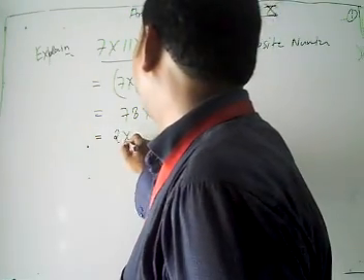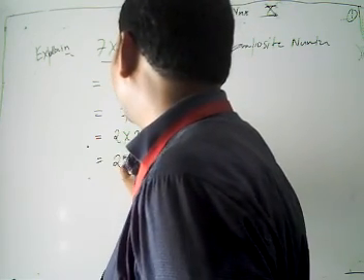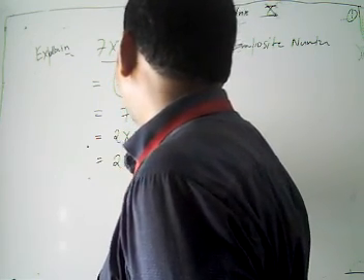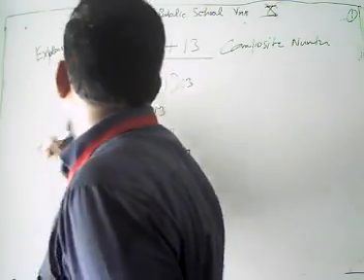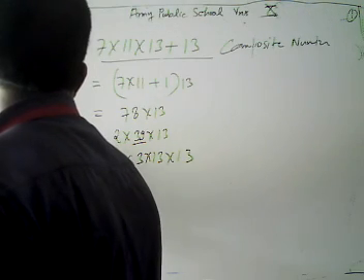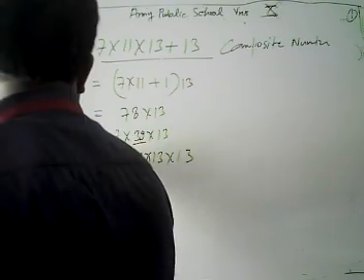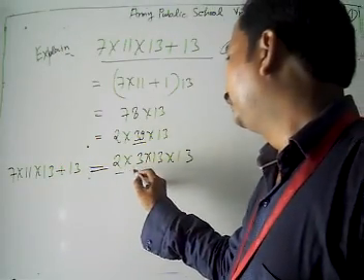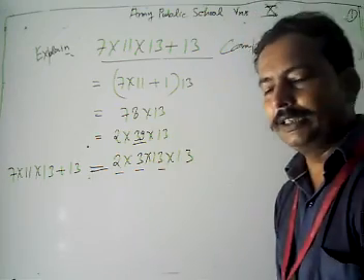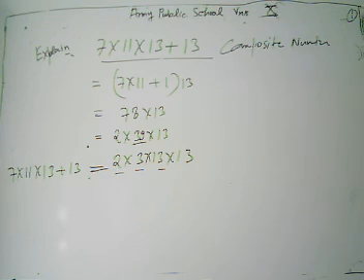Then we get 2 into 39 into 13. Also we can break 39 as 3 into 13, so 2 into 3 into 13 into 13. Now our number 7 into 11 into 13 plus 13 can be expressed in prime factors. Look, which numbers are there? Its factors contain 2, 3 and 13. Then what's your answer? Then our number is what?